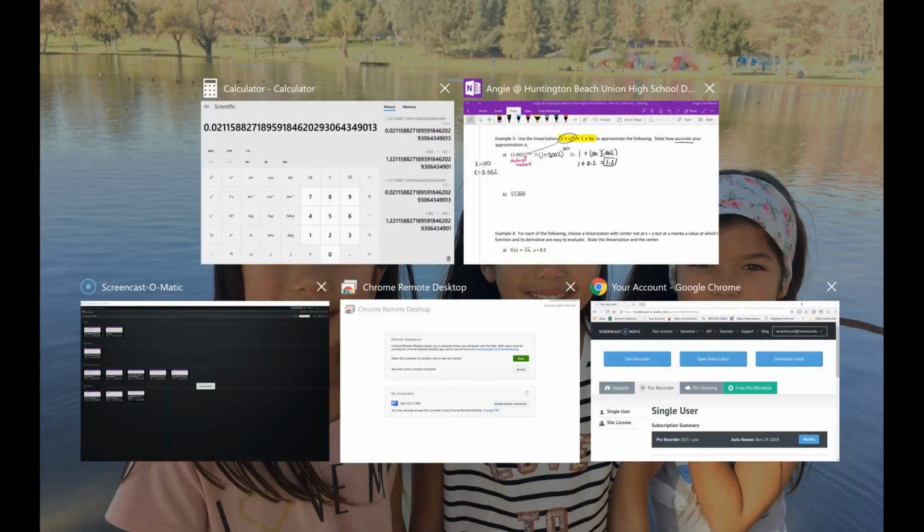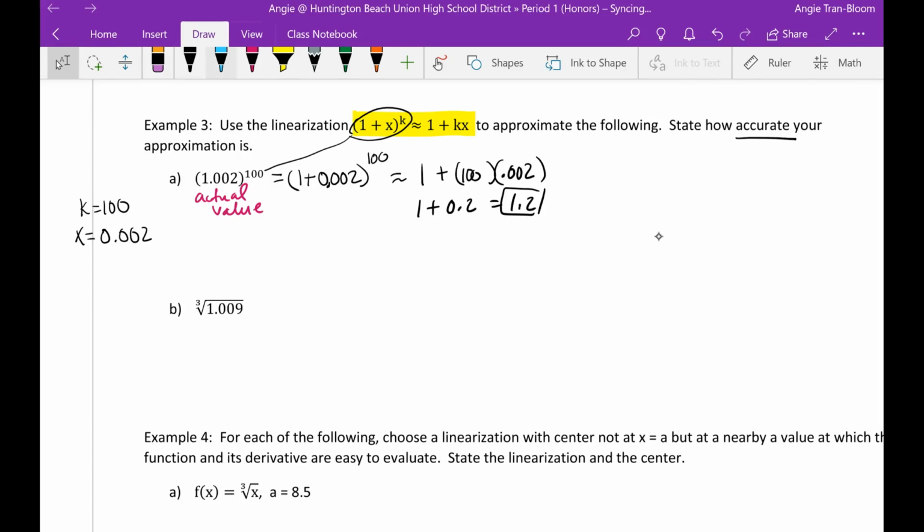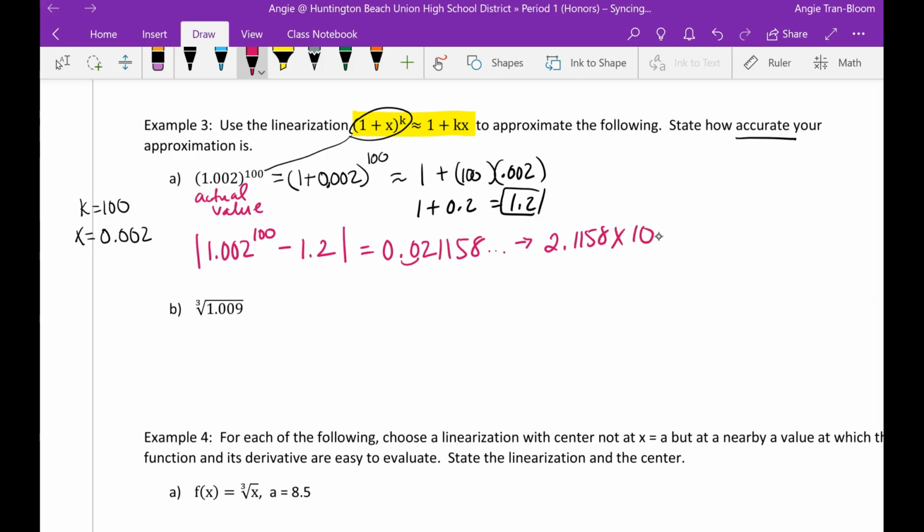Let's go back to my notes. When I subtract the approximation answer from 1.002 to the 100, the difference came out to be 0.021158 and some more digits. As you can see, if I were to write this in scientific notation, it is 2.1158 times 10 to the negative 2, because I move the decimal 2 places.